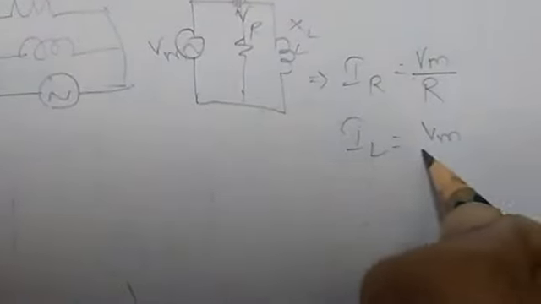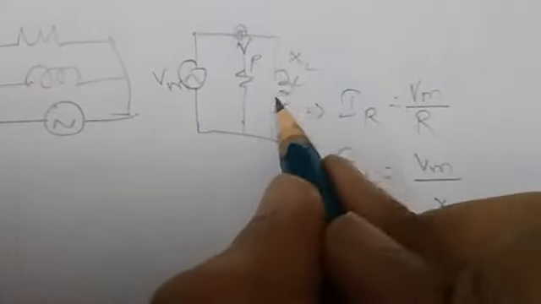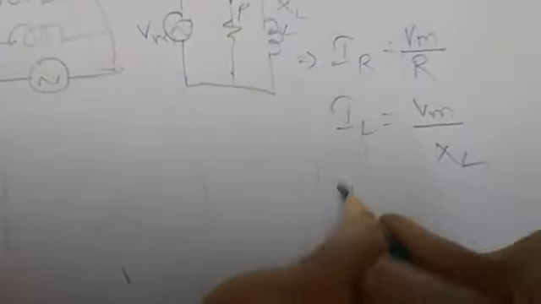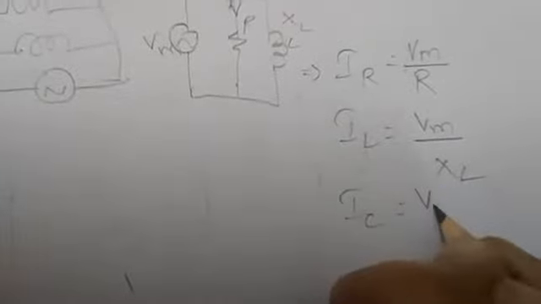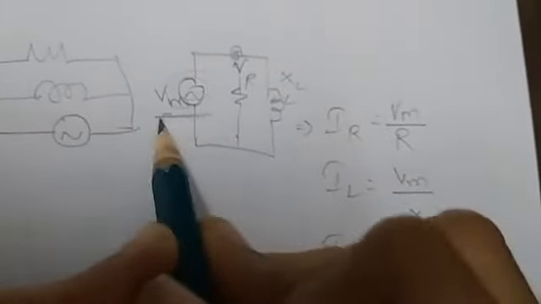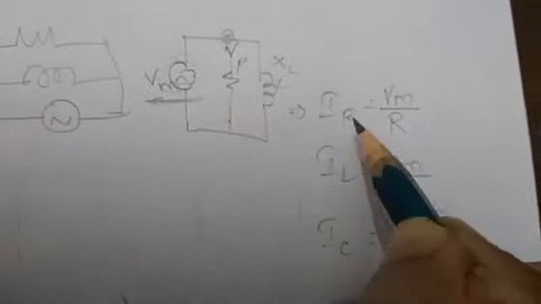Instead of the inductor, if I have the capacitor, then IC is Vm by XC, whatever the element is. So in a parallel circuit, if the source is given as a voltage source, it will be represented like this to calculate the current through the respective branches.